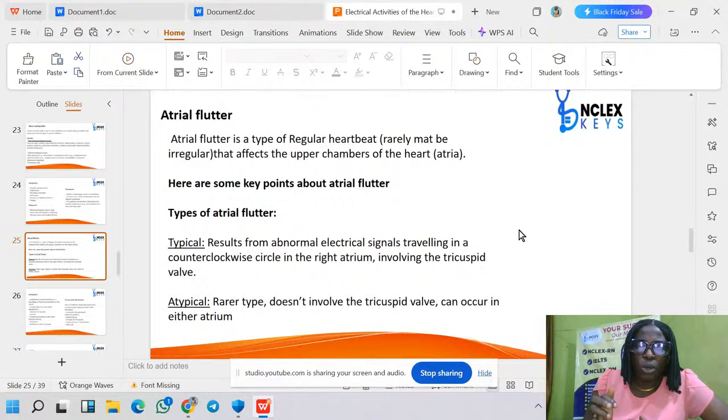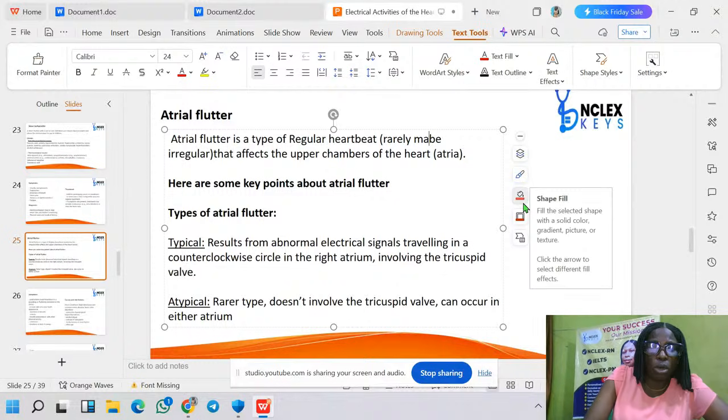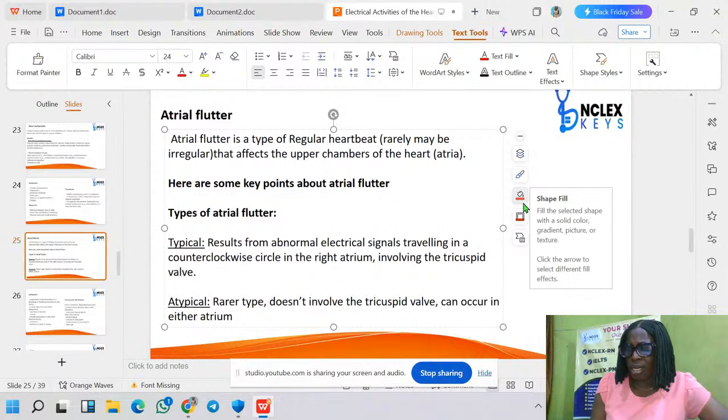The QRS will be okay because it's a regular rhythm. Because it's a regular rhythm, R to R will be okay, although some situations may cause irregularity, but the regular is more prevalent, okay?